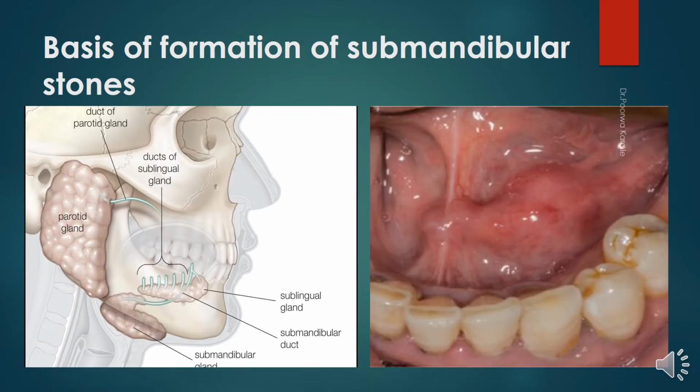Slide is of submandibular stones. Sialolithiasis is a benign condition involving formation of stones within the ducts of major salivary glands, that is the parotid, submandibular and sublingual glands. So sialoliths, or the stones in the salivary glands, obstruct ducts. Superimposed bacterial infection is known as sialadenitis.